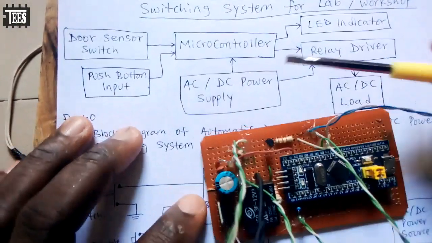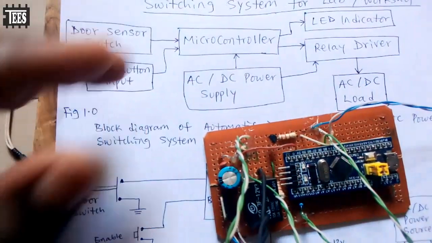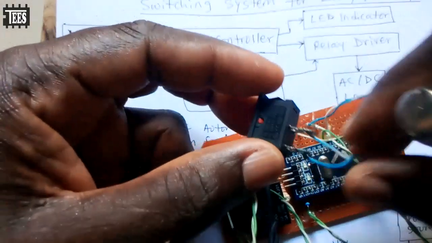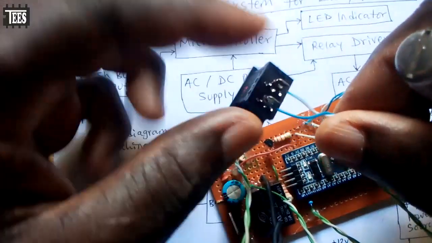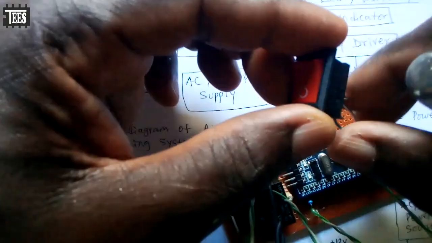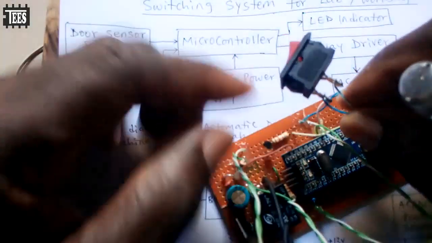So what we have here, let's take a look at the block diagram. Here our door switch is going to be connected. I just put this for demonstration. I'm not with the door switch physically here, so I put this switch here for demonstration purposes, but I'm still going to connect it to the door sensor switch, which I don't have with me right here.